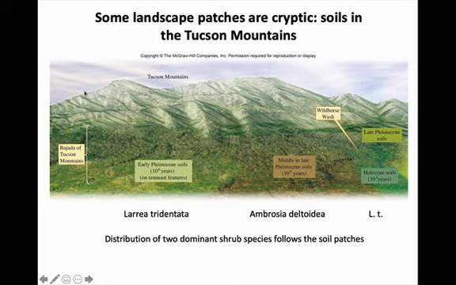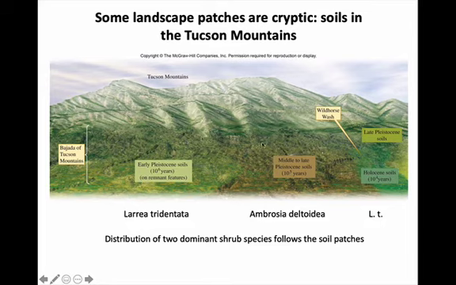If we look carefully at the soils that underlie those plant communities, we see what the patches actually are. Here you see creosote bush, which is Larrea tridentata, and it's the dominant plant here. And right here, this is a completely different dominant plant, Ambrosia deltoidea. Okay, ragweed, basically.